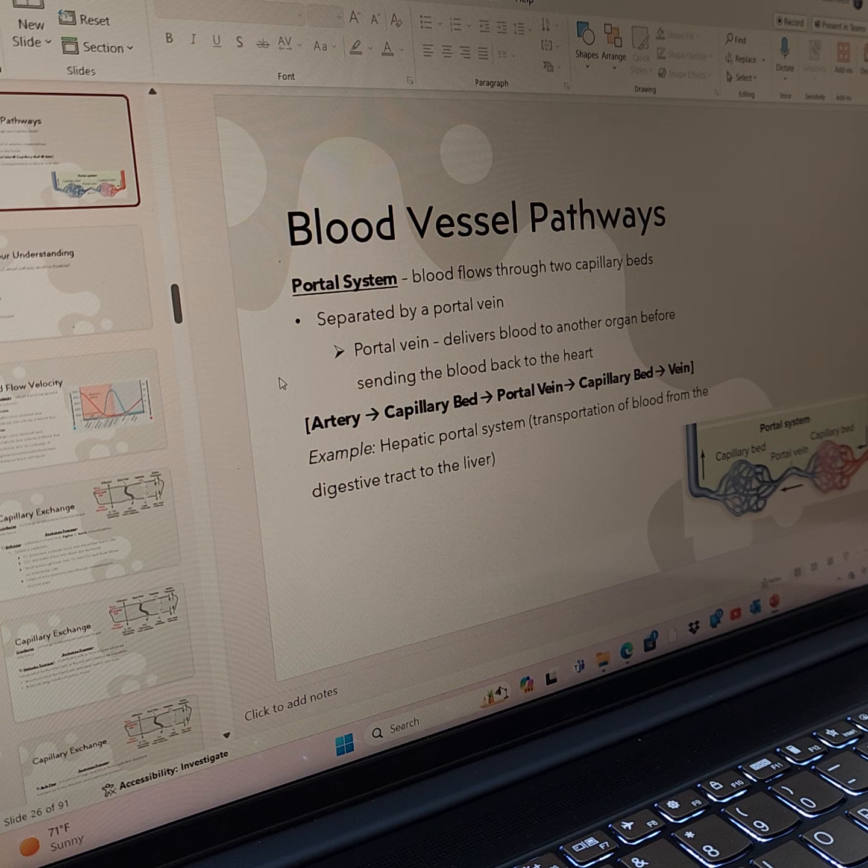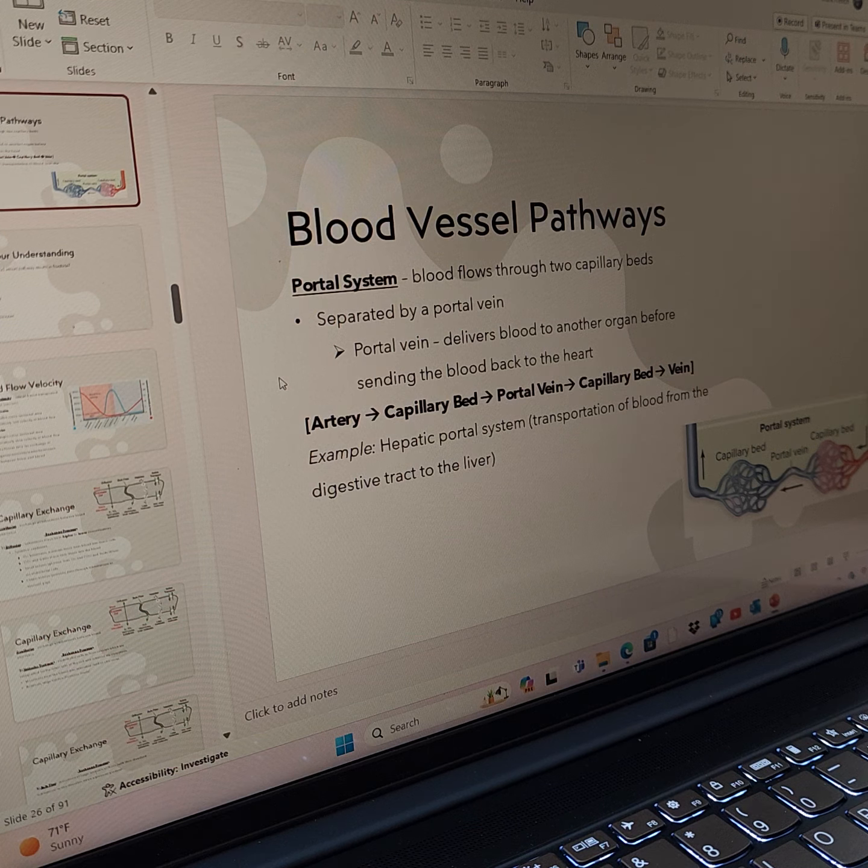So now we're getting into the portal system. Blood flows through two capillary beds, so you'll have that typical wiry meshwork, kind of like a spider web on acid, on each side. The portal vein delivers blood to another organ before sending the blood back to the heart.